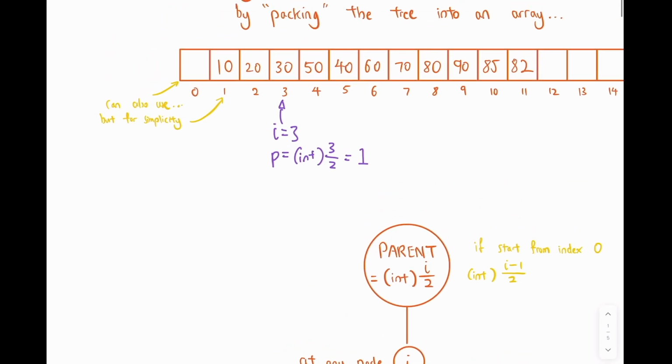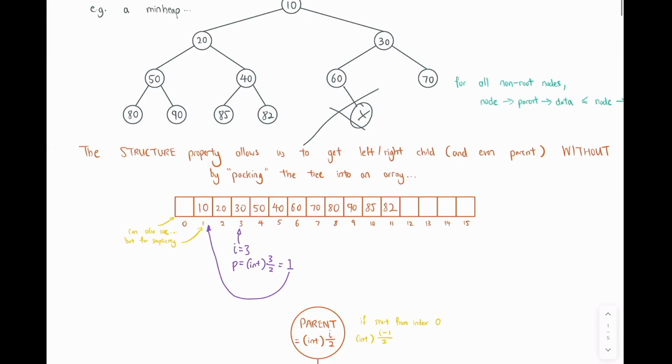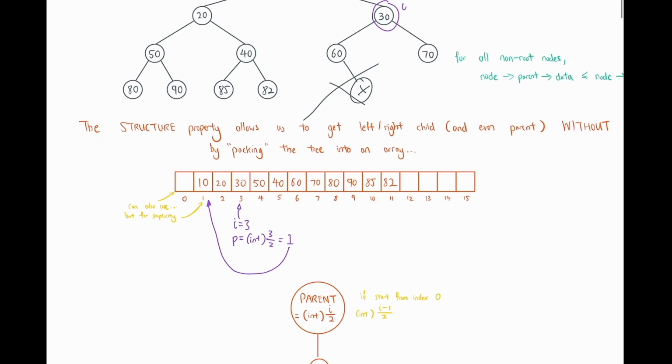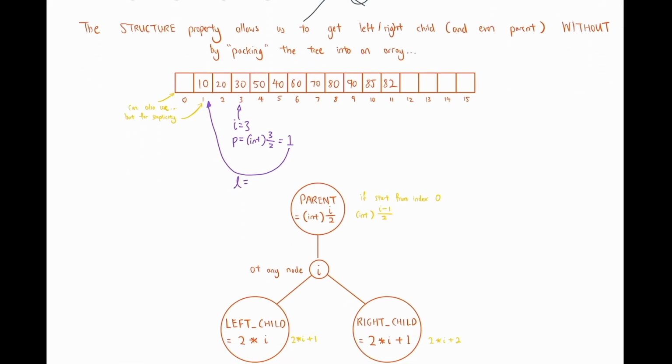And if we look at index 1, which is here, we wanted to see the parent of i, and we got the parent as index 1, which holds 10. So indeed, this is the correct parent if we look at it visually as a tree. Then if we continue, to get the left child, the formula is 2 times 3 equals 6, and 6 is here.